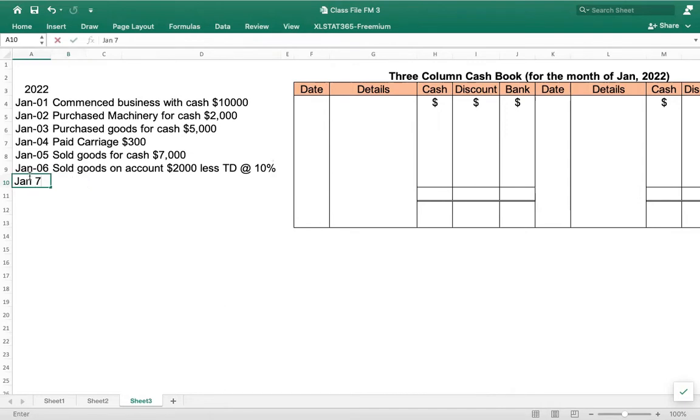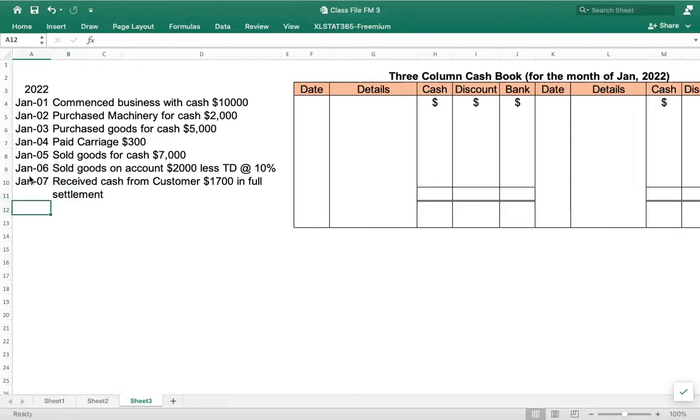Then Jan 7, received cash from customer, let's say $1,700 in full settlement.